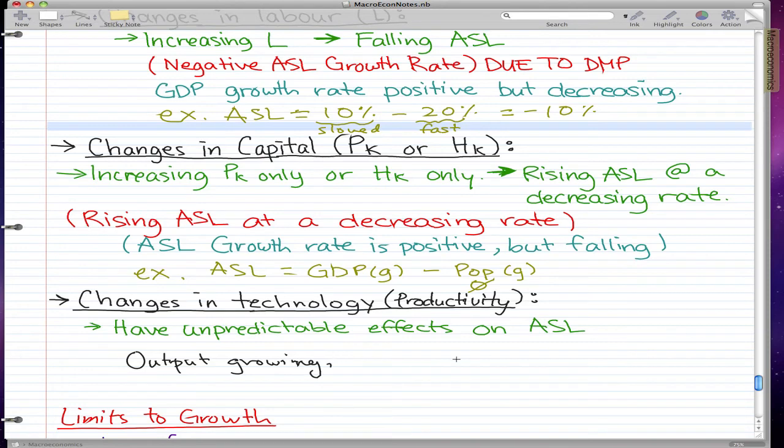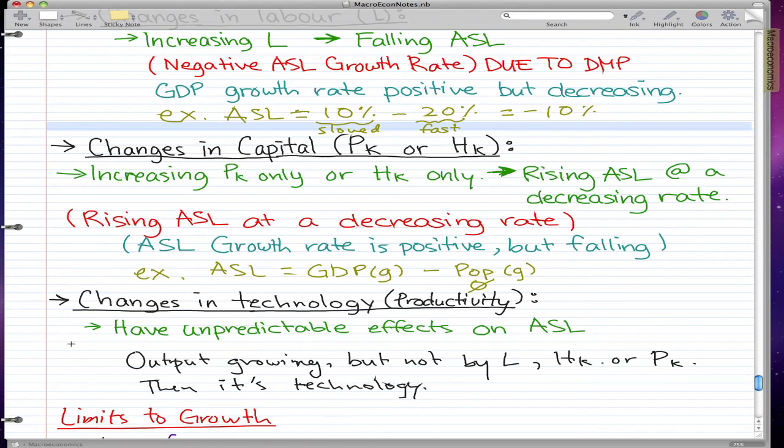If our output is growing, but it's not because we changed our labor, human capital, or physical capital, then we say it's technology.